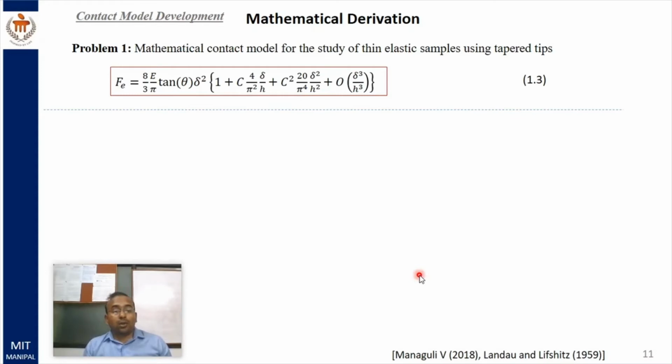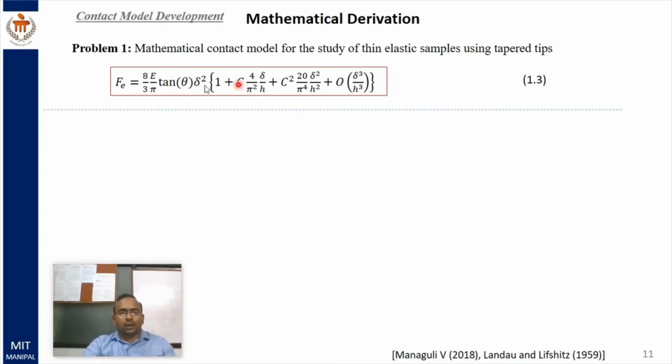The bottom substrate effect is well noted in the literature, and it's one of the sources of error. So it is necessary to correct it. What we have done is develop a mathematical contact model for a tapered tip, and it is applicable for linear elastic samples like Sneddon's.